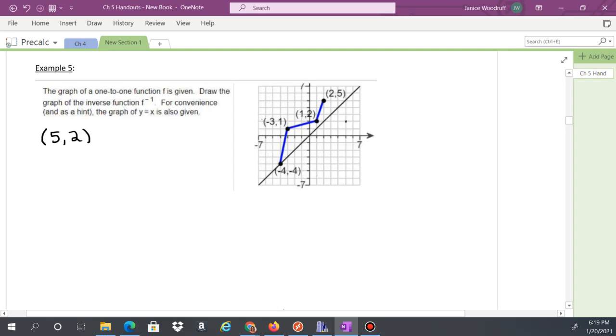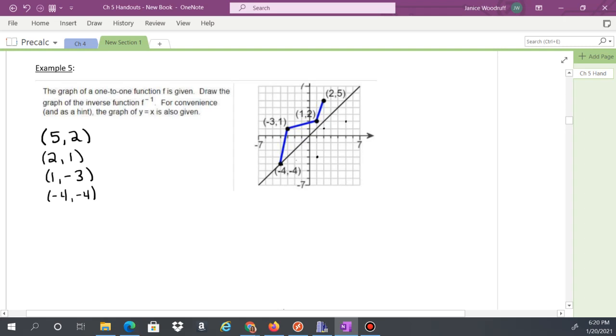Okay, then I've got (1, 2). So I want the point (2, 1). So 1, 2, 1 right here. Then I have (-3, 1). So I'm going to switch that: (1, -3). So 1, -1, 2, 3. And then (-4, 4) is still (-4, 4), so that has the same x and y.